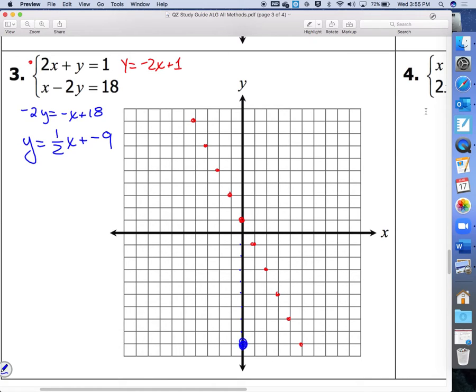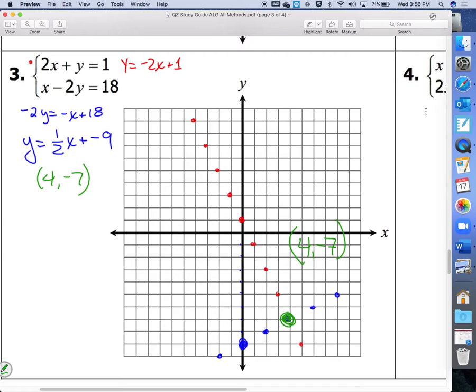There's my solution point right there, where the two lines intersect. They intersect at the point x is 4, y is -7.